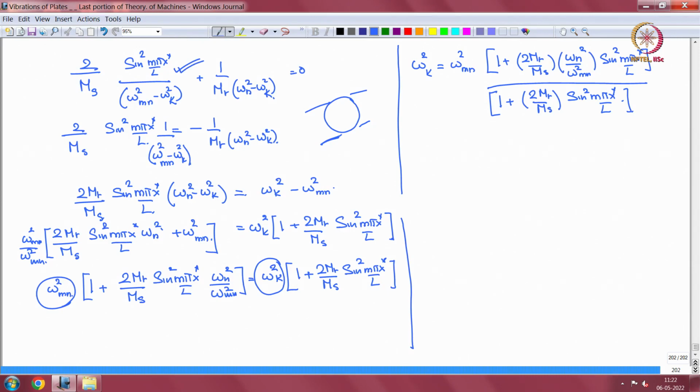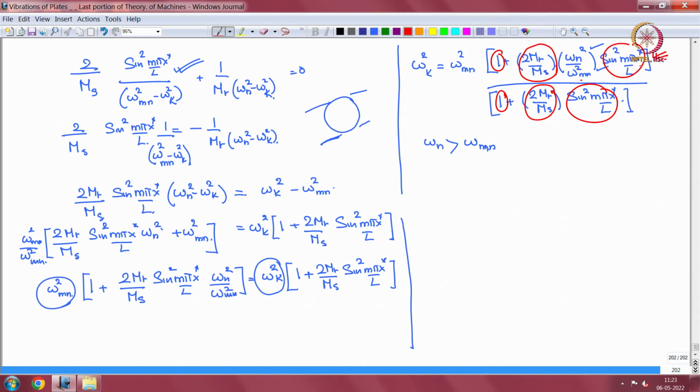Okay. So now you can see over here that if omega n is greater than a particular omega mn, this term is the same as that term. This is the only term. So if omega n is greater than omega mn square, then this term is bigger.